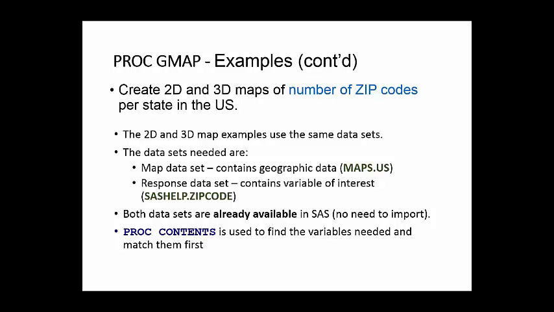First of all, PROC CONTENTS is used to find the 2 important variables, the variable we are mapping and the shared variable in both datasets that we will match in PROC GMAP. The length and type of the variable need to be the same.